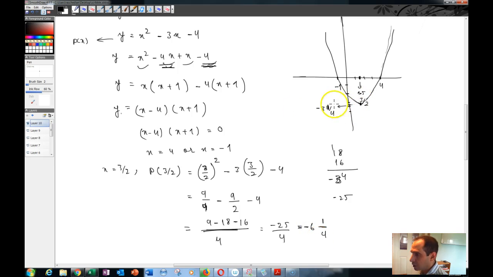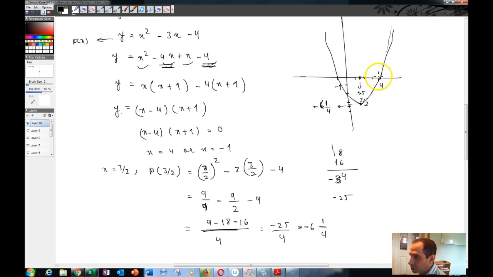And then this point is supposed to be, of course, negative 6 1/4. Now, it doesn't really matter right now where this point happens to be. Of course, your graph has to be right, but this is negative 6 1/4.